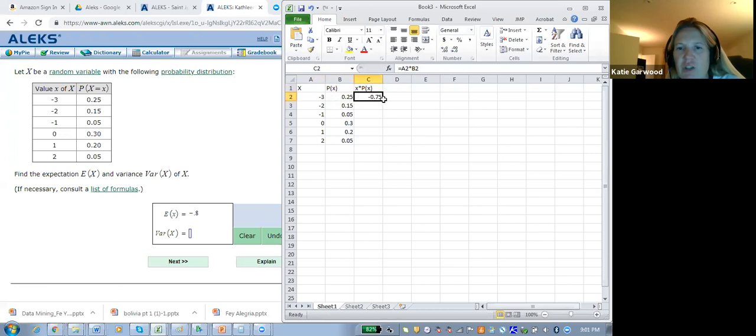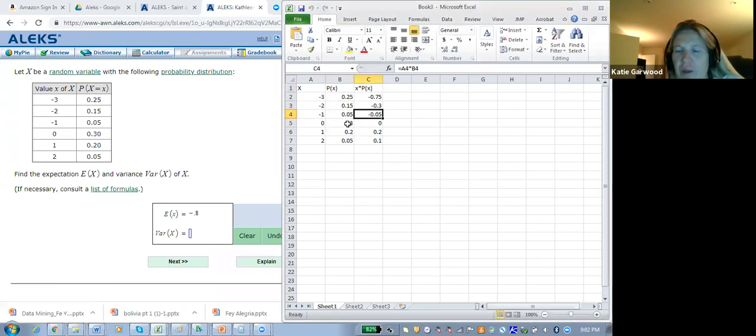And then we can do that each time, or we can drag it down. And we can see that this is going to be equal to the -2 times the probability that the -2 occurs. The next one's going to be -1 times the probability that the -1 occurs.